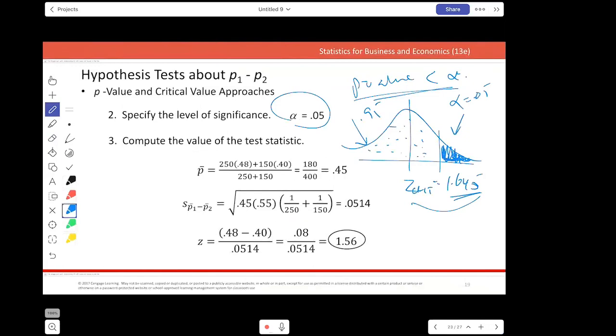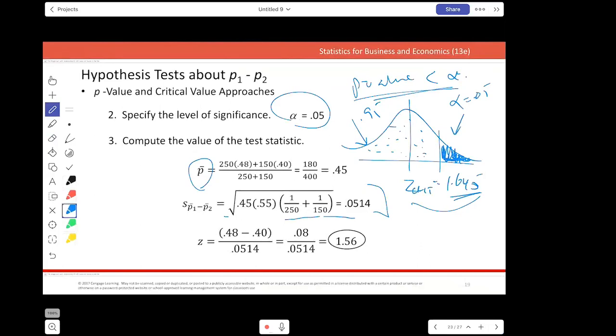All right. Compute the value of the test statistic. We calculated, here's our sample proportion, from the data obtained earlier. And then if we look here, we compute the standard error. It's 0.0514. We have what P bar is.